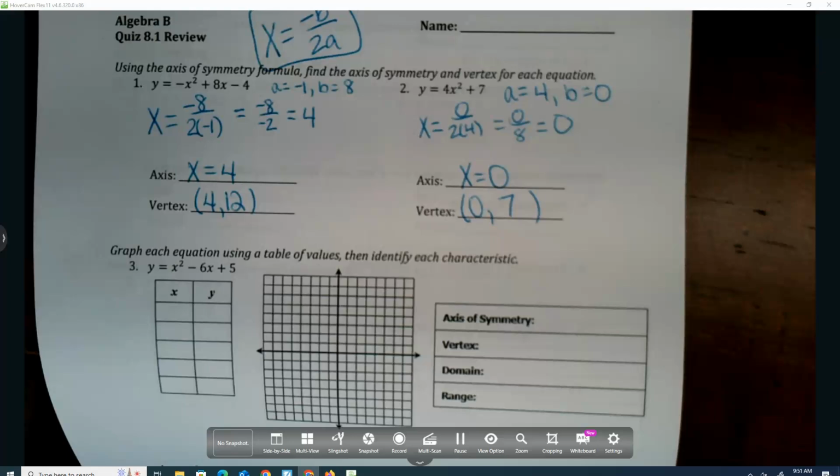Get your vertex, you plug that back in. Any other questions there?